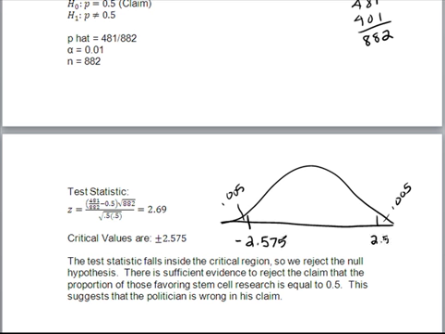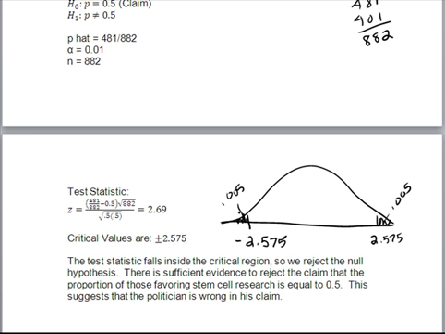So here are our critical regions. Calculating our test statistic, you'll notice I go ahead and use the fraction. I just simplify the fraction and then subtract 0.5 from its decimal equivalent. Multiply that answer by the square root of 882, and then divide that answer. Our square root of 0.5 times 0.5 will be 0.5, and I came up with 2.69.